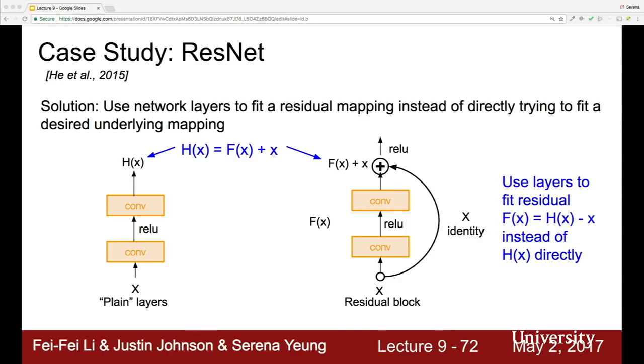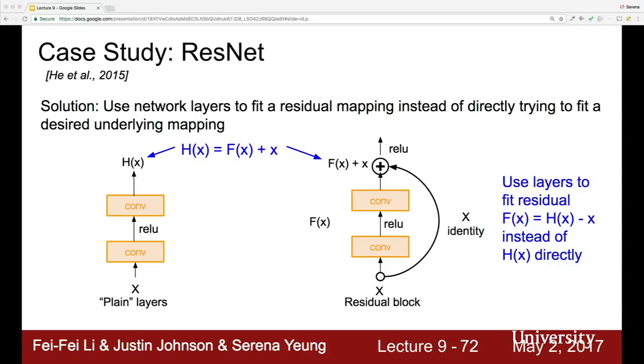And so the idea is that it should be easy, for example in the case where identity is ideal, to just squash all of these weights, this f of x from our weight layers, and set it to all 0. Then we just get identity as the output, and we can get something close to the solution by construction that we had earlier.